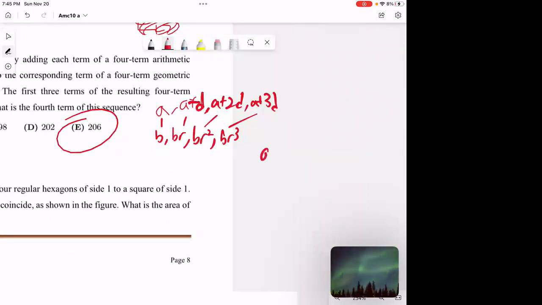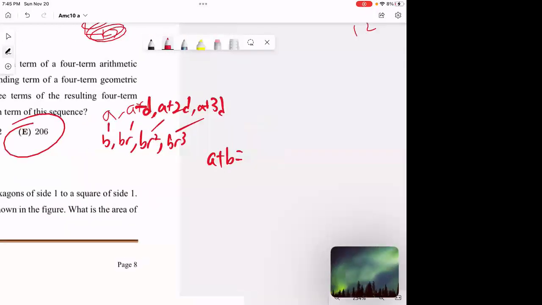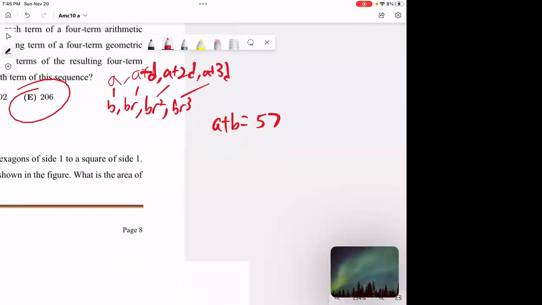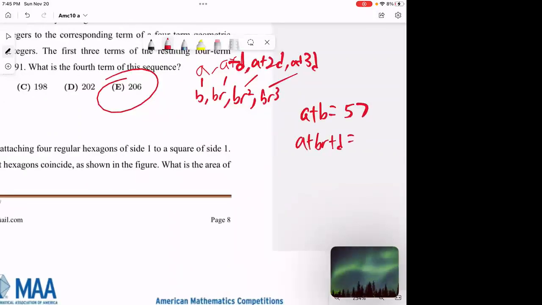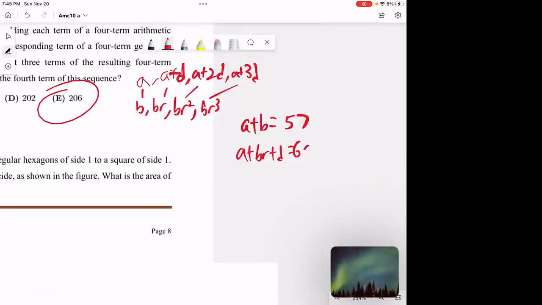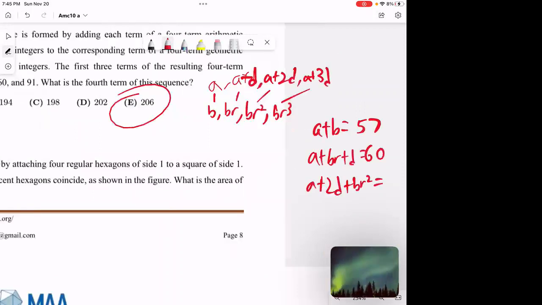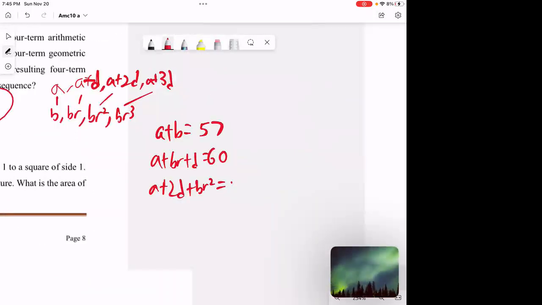So A plus B equals 57, A plus D plus BR equals 60, and A plus 2D plus BR squared is equal to 91.